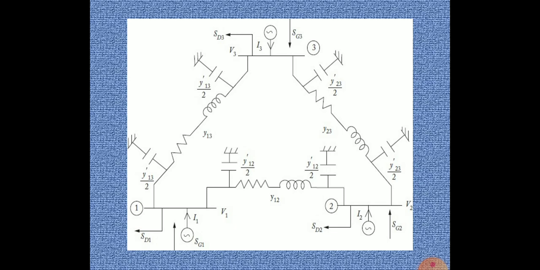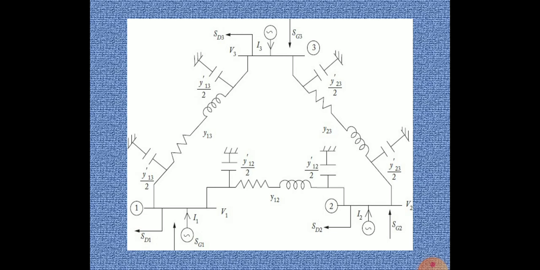The shunt capacitance acts as a half-line charging capacitance, with value Y of 1, 2 dash divided by 2 on both sides, and in between, the admittance is connected between bus number 1 and 2.